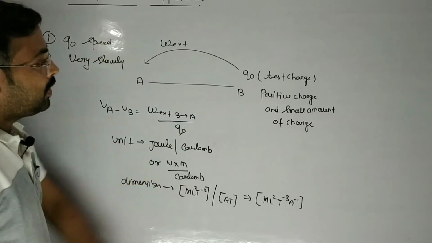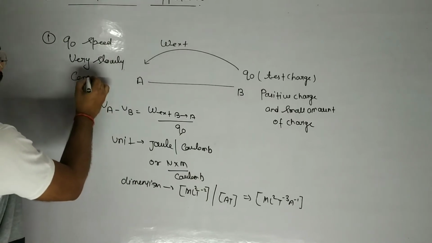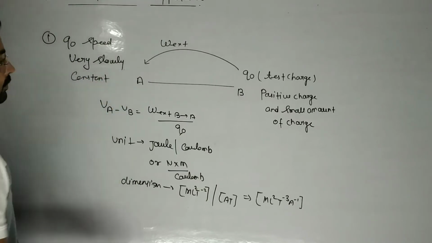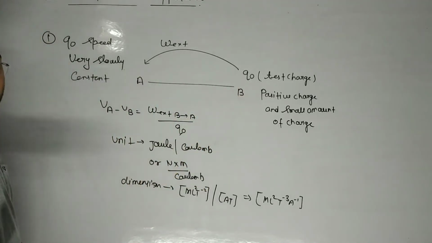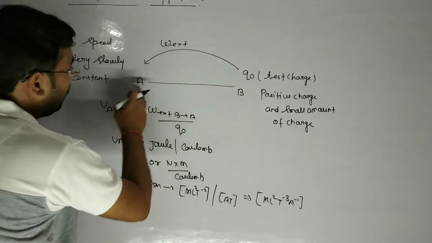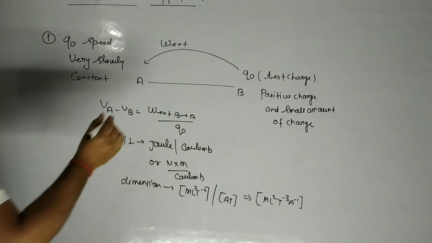The speed of Q naught is very slow, which means constant. It is not traveling directly from B to A. It is traveling in infinite steps.